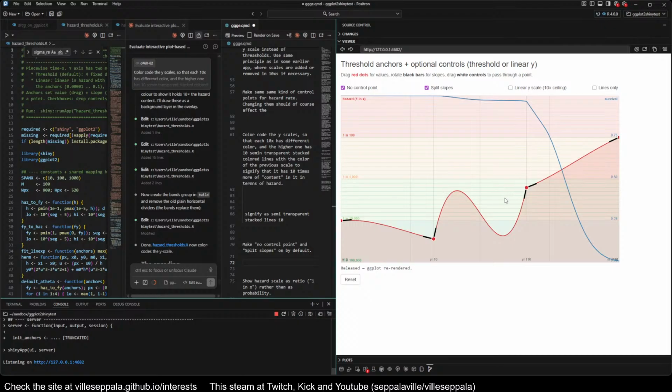I think that's a good amount of control already. Yeah, I have to do something about this.